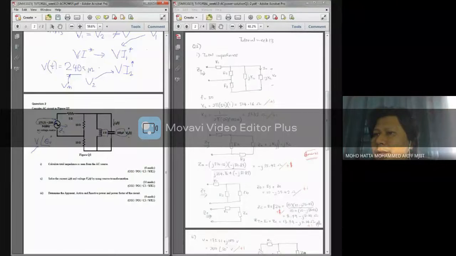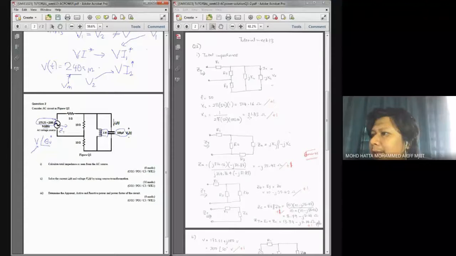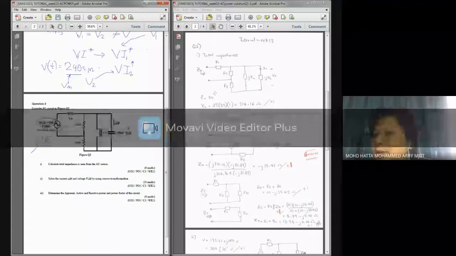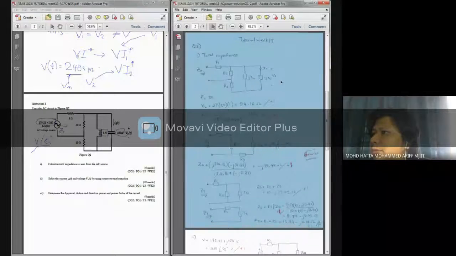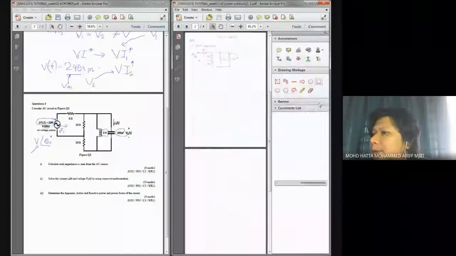So you need to use the frequency over here in order to calculate the reactance values, XL, XC, and so on. Now XL and XC must be calculated, but the most important thing that you need to know is where the Z total is looking from. So the Z total is looking from the source over here. So we have these two. Maybe I put it as a comment.